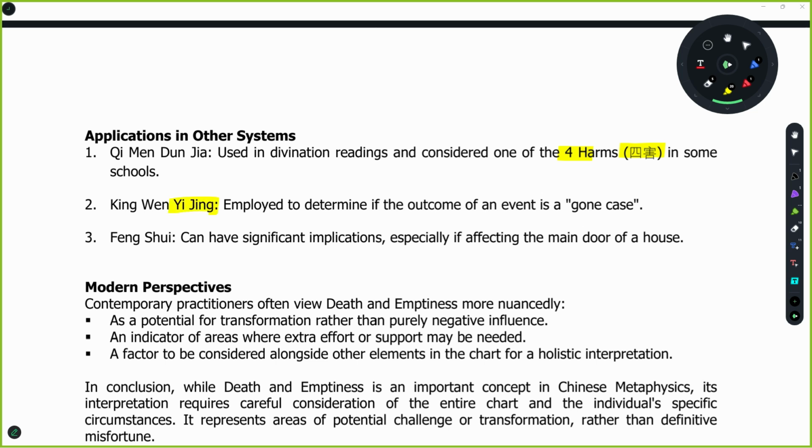In Yi Jing, if one draws the card to read and the outcome is death and emptiness, it also means that it is a gone case, so it fails. Likewise, death and emptiness may also affect the main door. But negatively, we do find that in Feng Shui, in some schools, they use death and emptiness for things like a monastery.